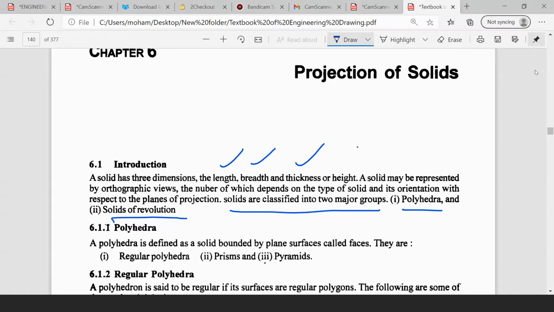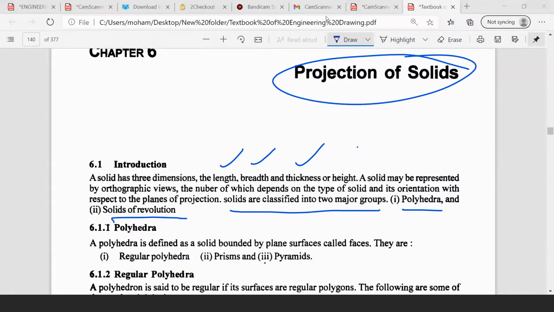Okay. Then our topic is projection of solids. Previously we have studied projection of points, lines and planes. Now we are going to study projection of solids.